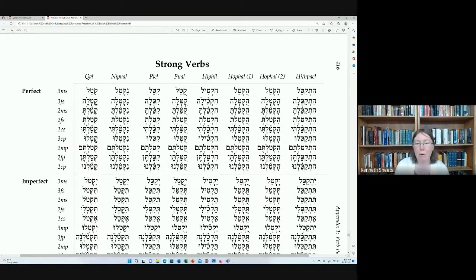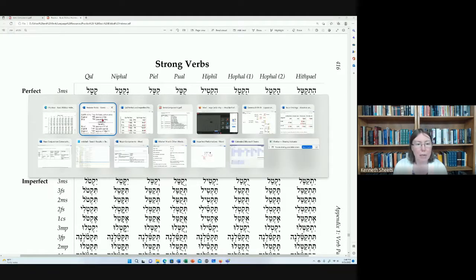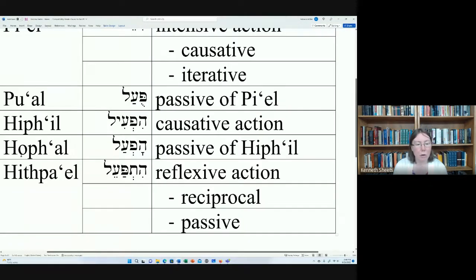And with the Pual, you're also going to see that you have that kibbutz underneath the first root letter. Then for the Hifil, you have the hey attached to the triliteral root. Hofal as well is going to have the hey, but it's pointed with a qamets hatuf. And then the Hitpael as well, we have that prefixed hit there.